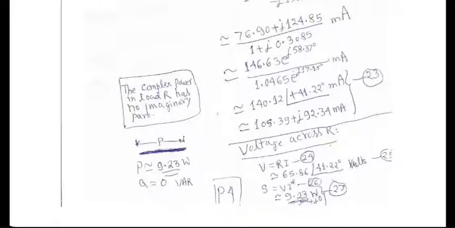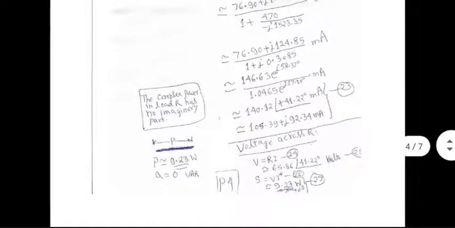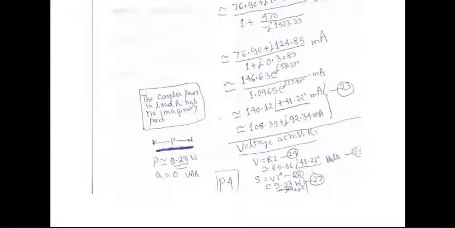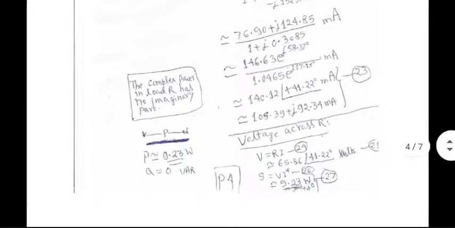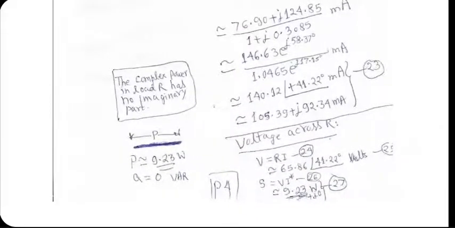What I'm trying to tell you is that even though current is complex, the power triangle on the load side is a flat line. That's it. There is no Q at all. That's why I'm looking at this problem carefully. Okay. S has only a real part. S is supposed to be VI star, and V has a phase angle which is the same as the phase angle of I. So when you take the complex conjugate of I, the angles cancel each other.